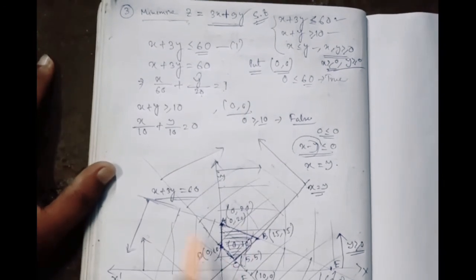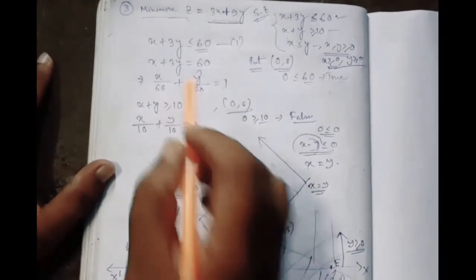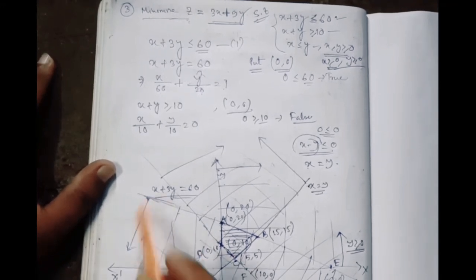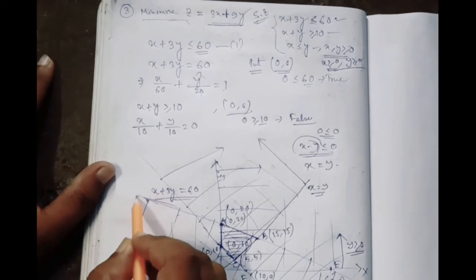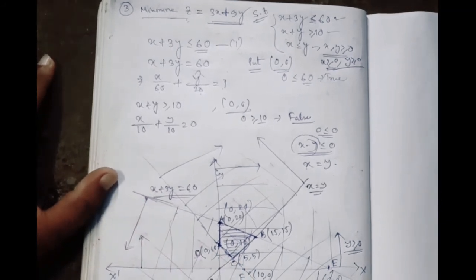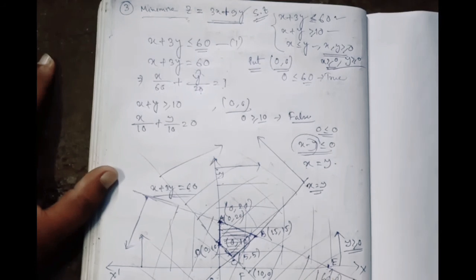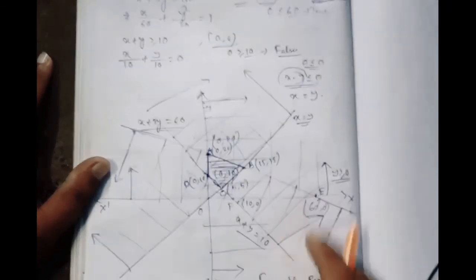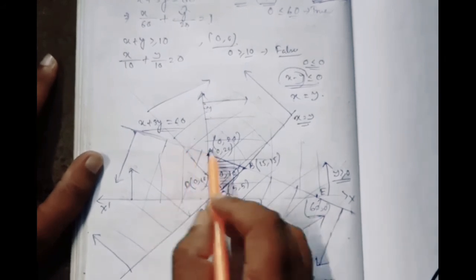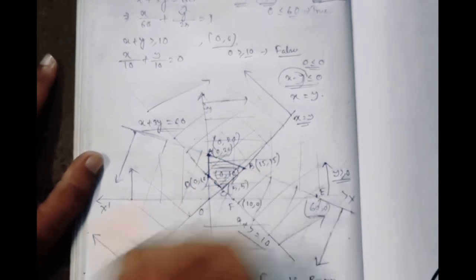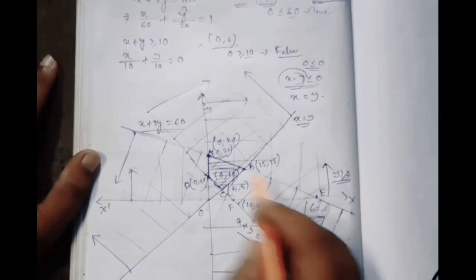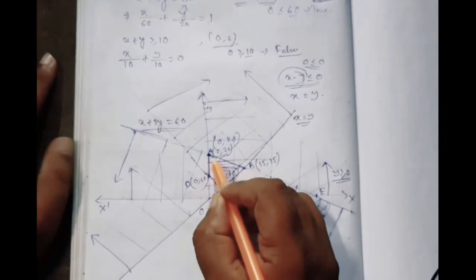This is the intercept form of a straight line. So we draw this straight line x plus 3y is equal to 60. It cuts the x axis at 60, 0 and the y axis at 0, 20. We name this point E and this point A.